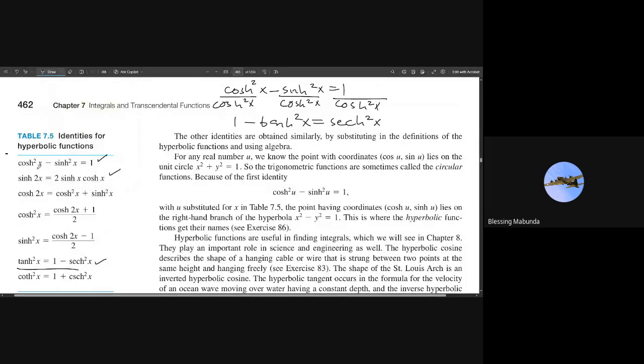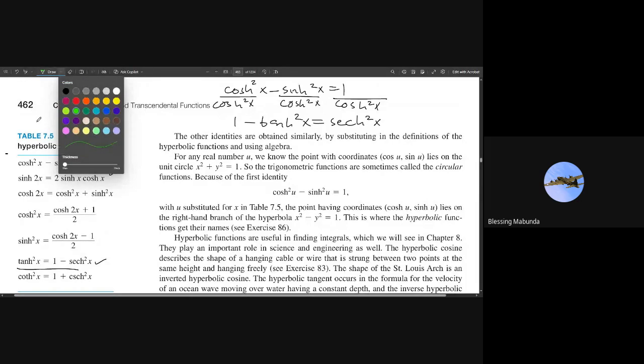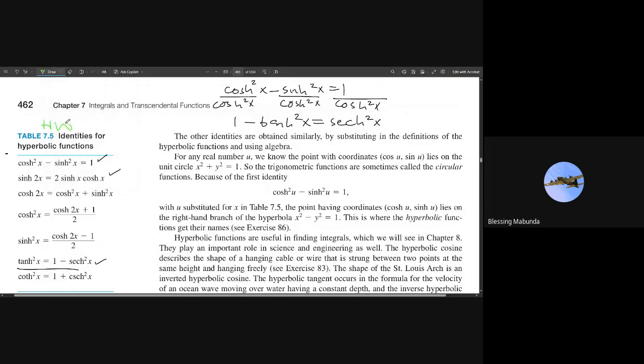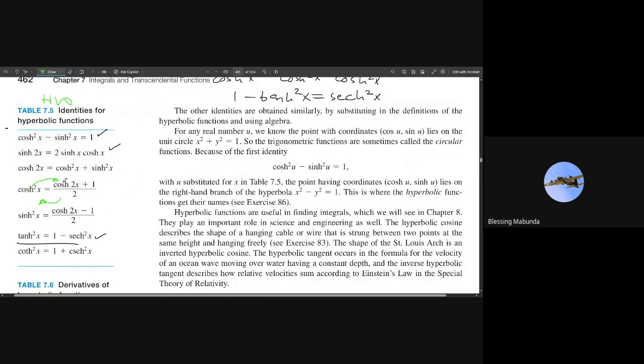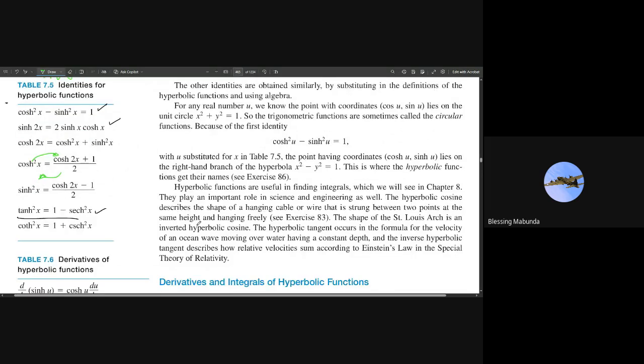This table here is also going to be your homework: proving all the identities that remain. If you know you have this here, see if you can go to that one, or if you prefer to start here, see if you can go to that one. So it's very important that you attempt these.